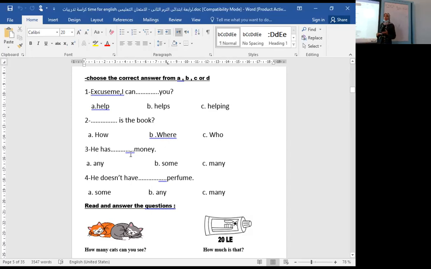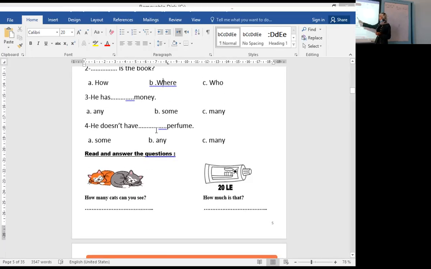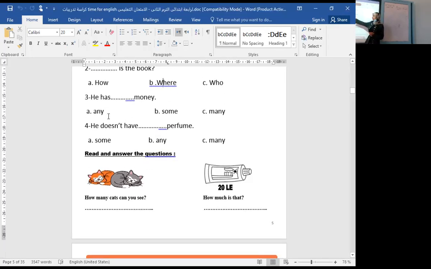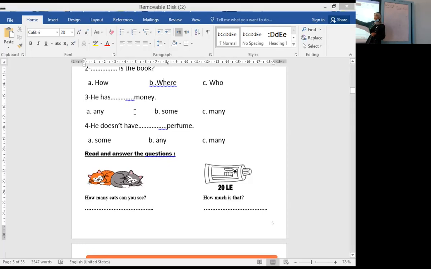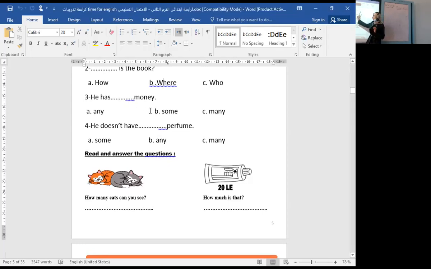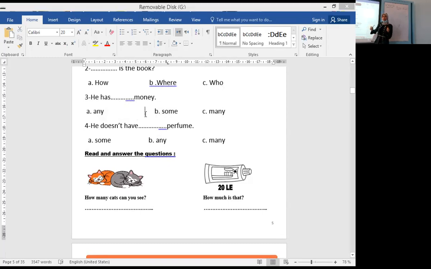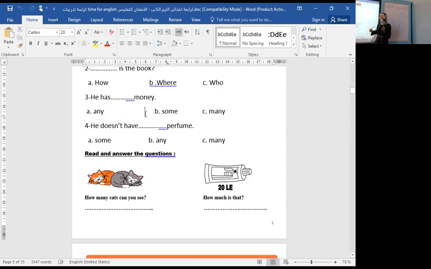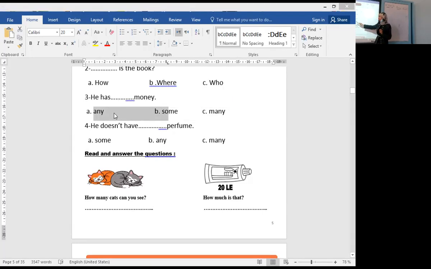So we have to choose any, some, or many. We have to look first at the sentence. Is it a negative sentence? Do we have don't here? No. So this is an affirmative sentence. Some comes in affirmative sentences. So we can say he has some money.